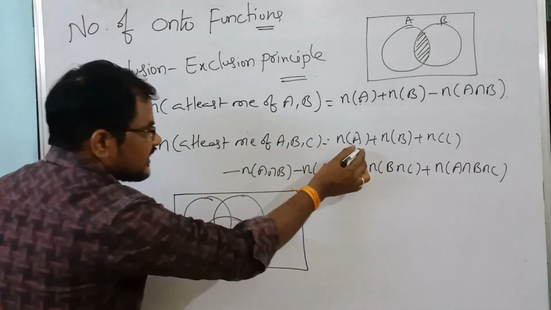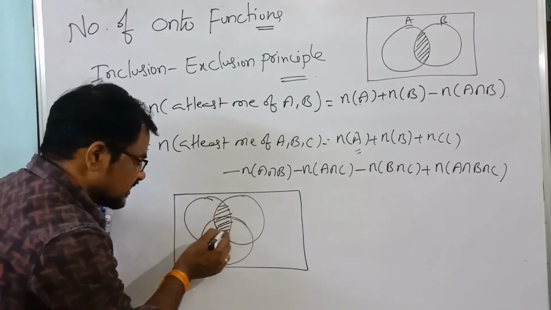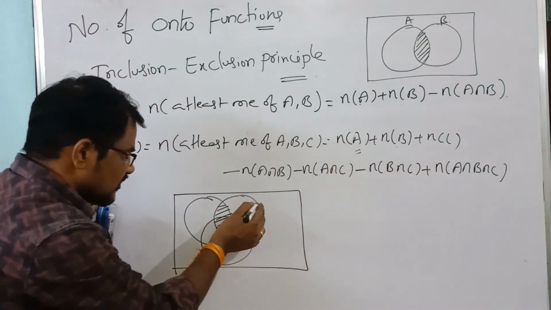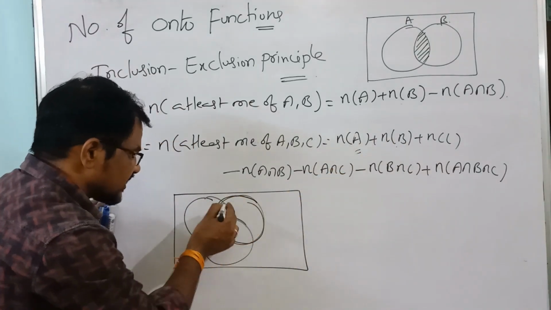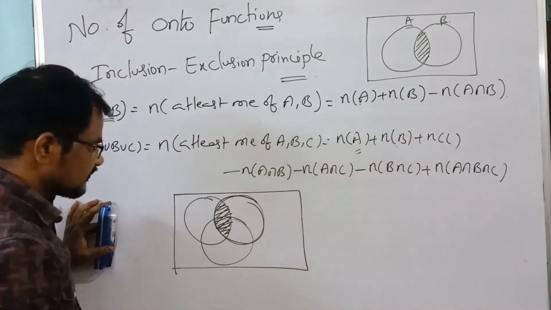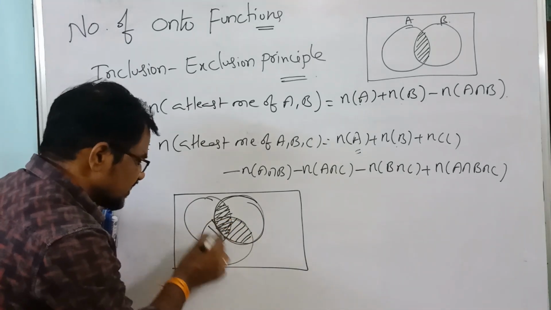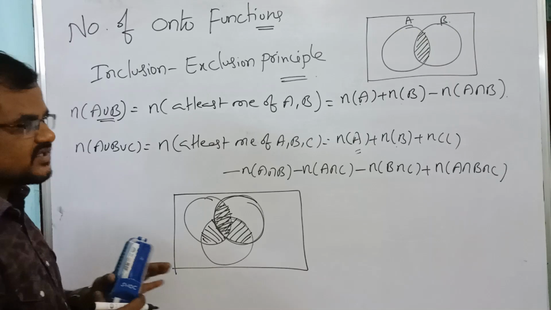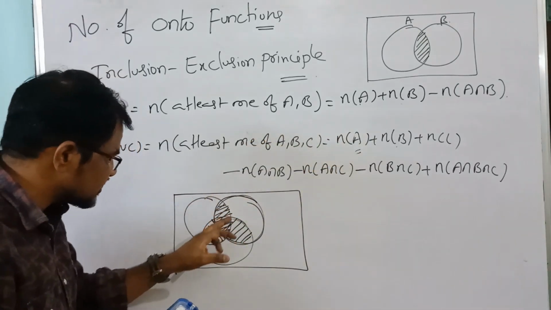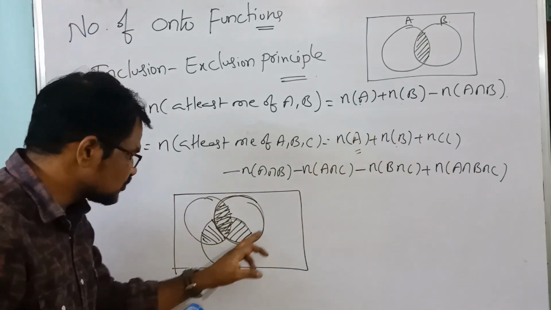Now n of A, if you take here, once we are considering this intersection also, n of B means second time also we are considering this one, and n of C means this one also we are considering once. Means n of A means this intersection A intersection B once, and n of B, two times.